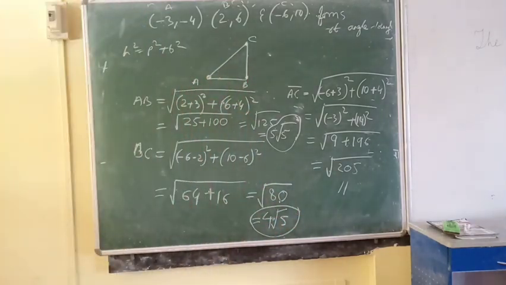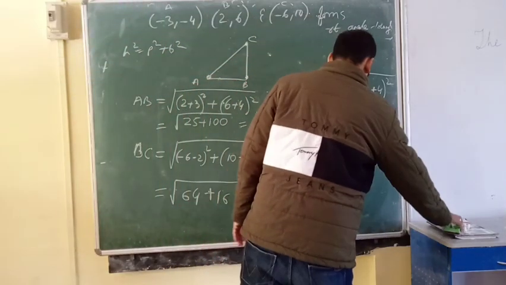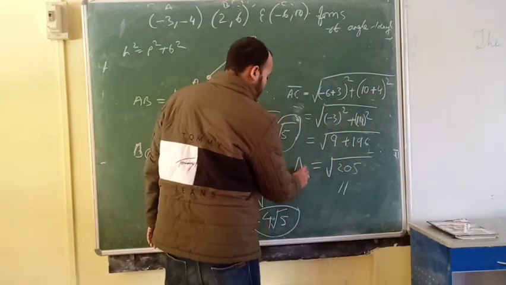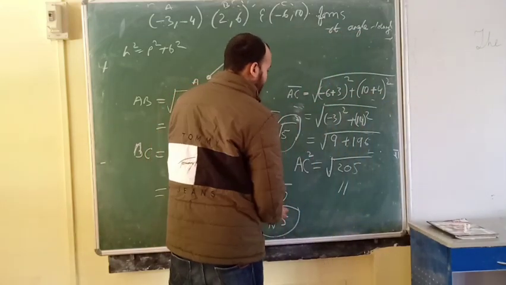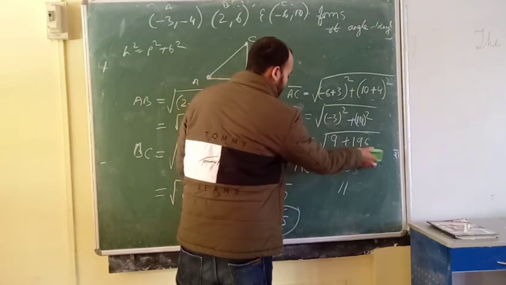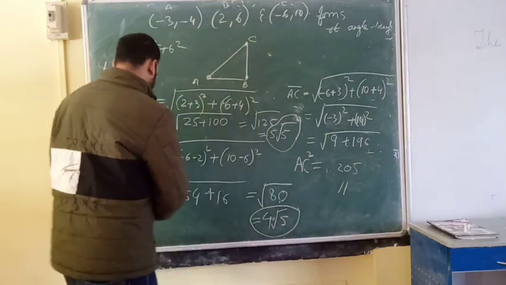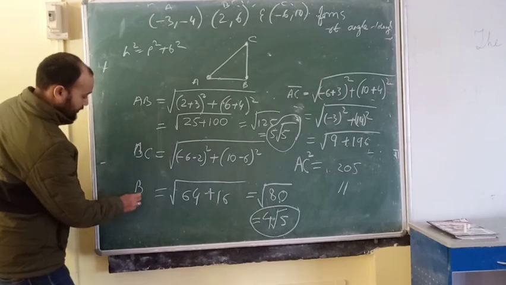Now you check whether AB plus BC is 205, then your answer is going to be correct. Or let us pick AC square, which we can do very nicely by Pythagoras.